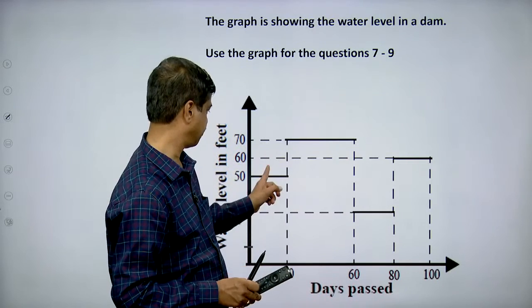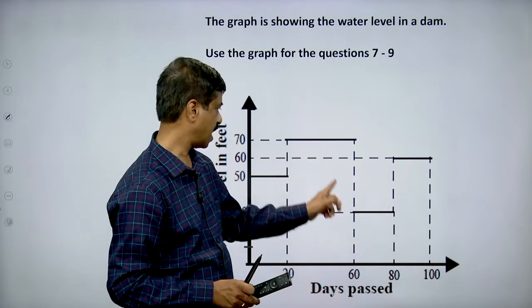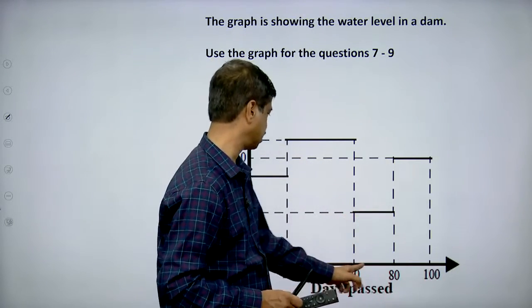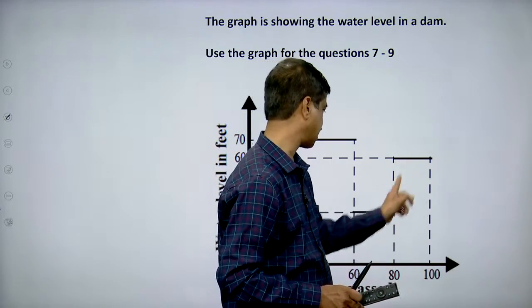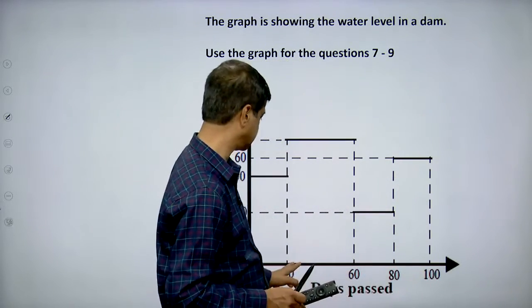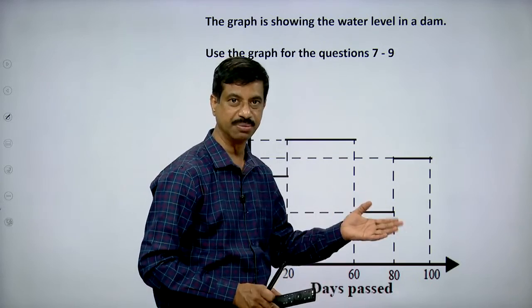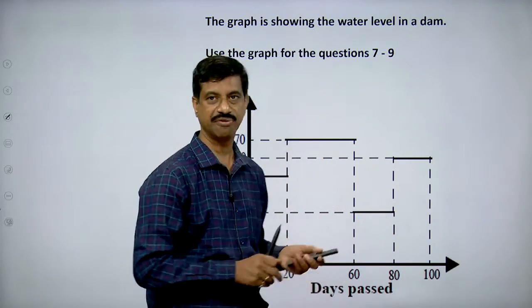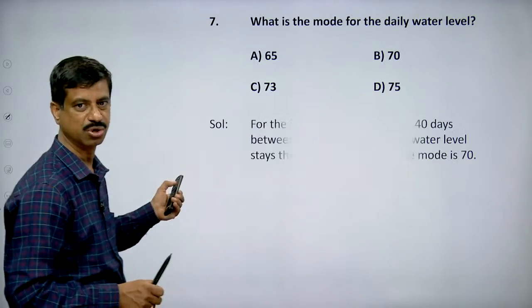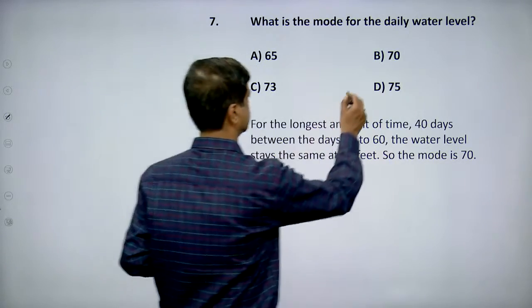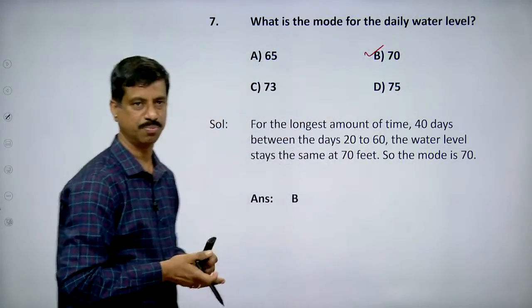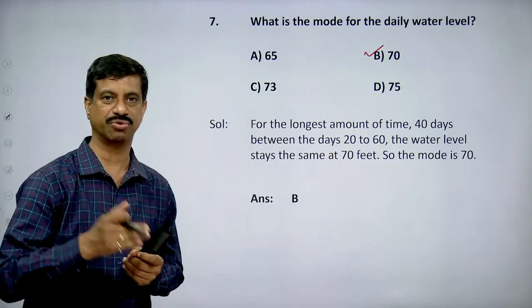At the 50 level you have 10 days. At the 30 level it is 20 days. And at this level again it is 20 days. So the highest is this, isn't it? 40. Most repeated is 70. Therefore the mode is 70. So option B, children. So this is mode. Right? So please note it fast. Then we'll go to the next question. Quick.